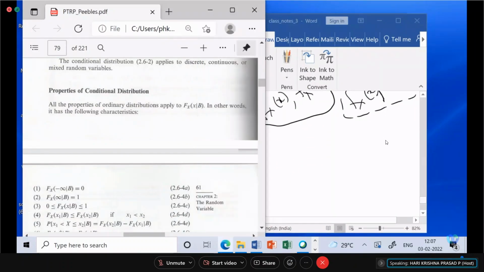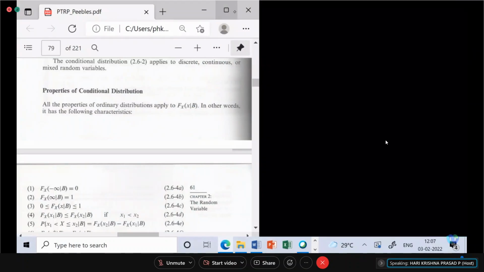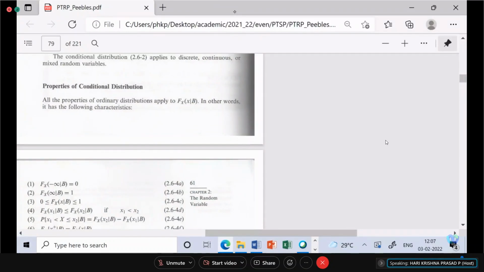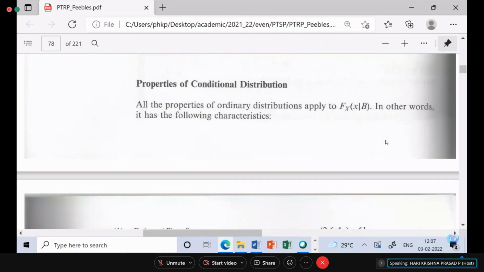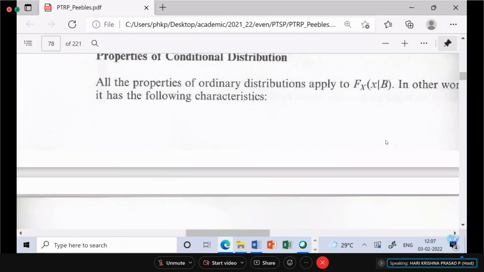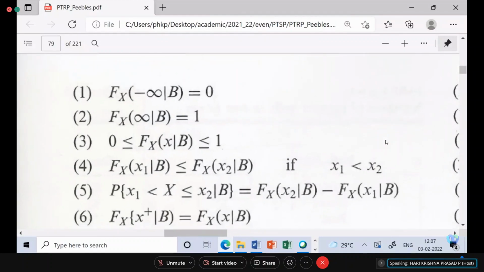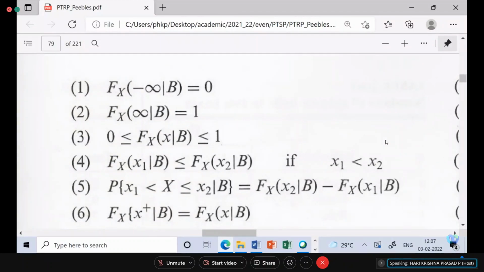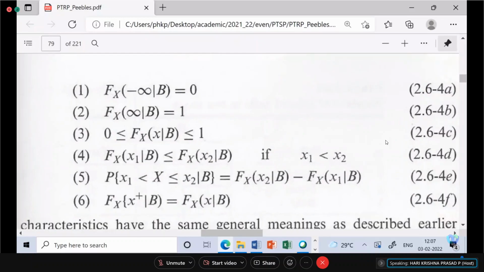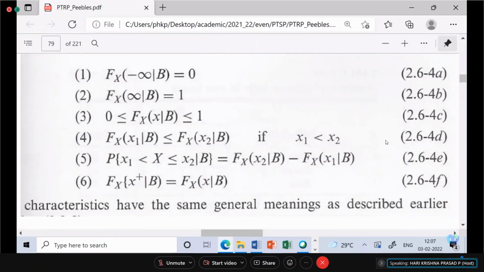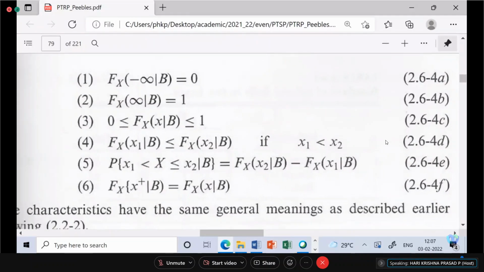So let me refer to the content of the textbook. What it says, properties of conditional distributions. These are the properties of conditional distribution function. How many properties are listed? These 6 properties have been listed. Now just try to see the argument.